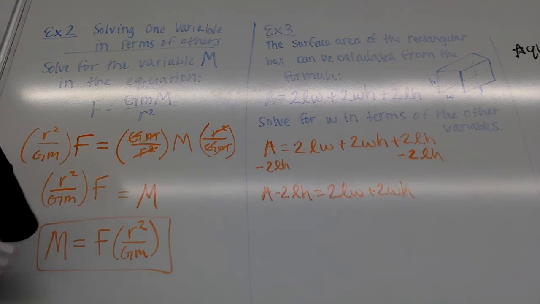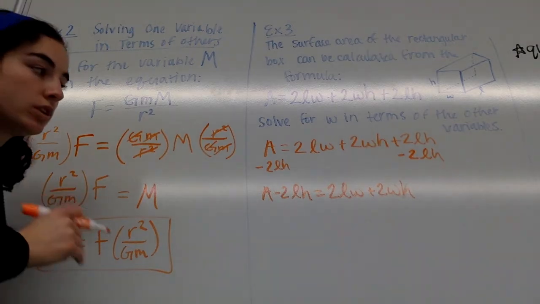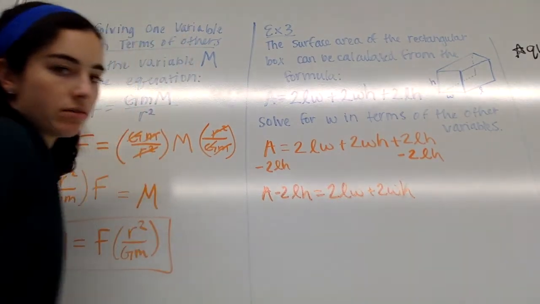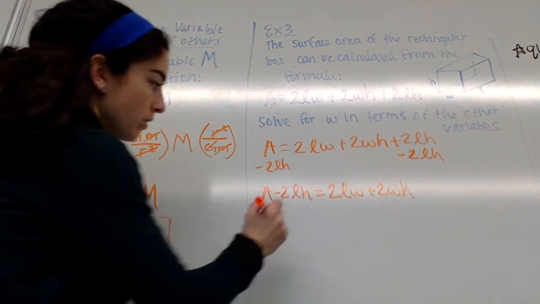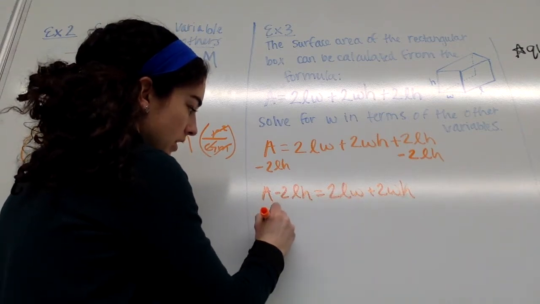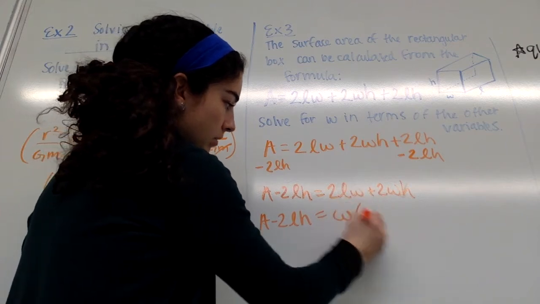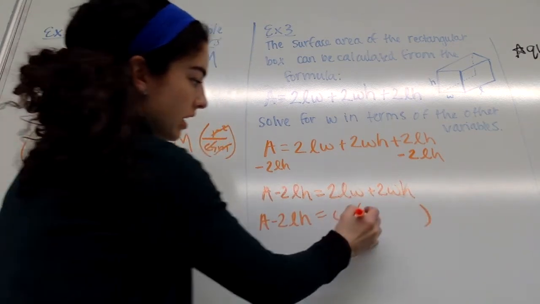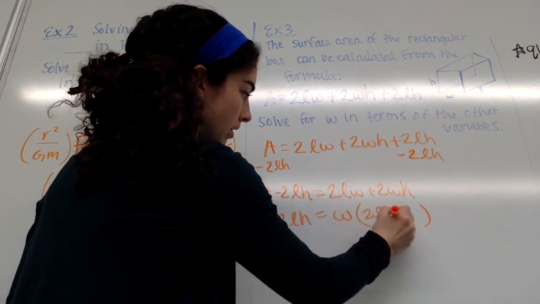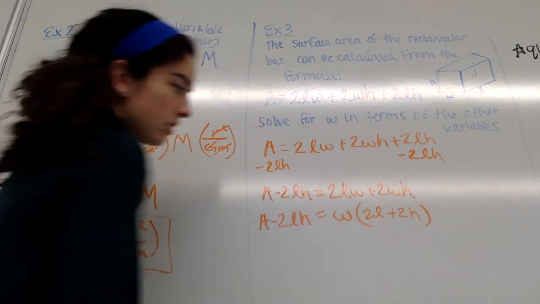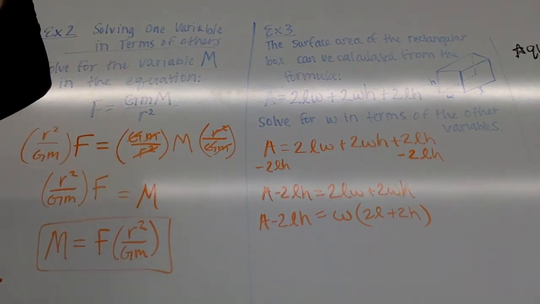And so now we can pull that W out as if it's a greatest common factor. We can only do that because there's only stuff with W's on this side now. So I'm going to leave this the same, and on this side, I'm going to pull out the W, and we'll still have 2L and 2H on the inside.